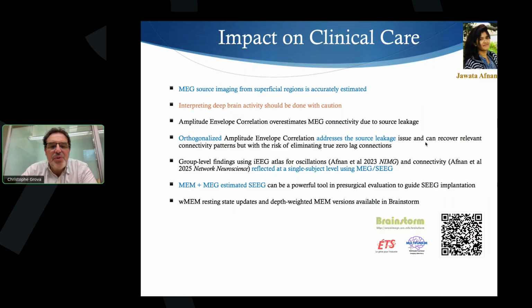And just to give a note, what we found is that the envelope correlation, especially orthogonalized, was a very nice metric when we compare during pure resting state. It doesn't mean that phase is useless. When you look at the literature, metrics that use phase have been quite successful when you deal with ictal data, or with oscillations, gamma oscillations during cognitive tasks.